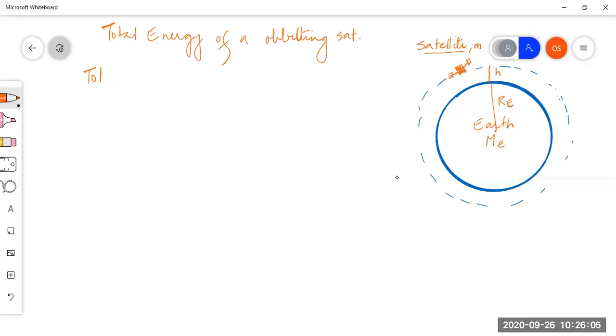total energy, I can always write as E, is a sum of its kinetic energy and its gravitational potential energy. Kinetic energy is given by half mv square, where v is the velocity of the satellite, and its gravitational potential energy is given by minus G M e multiplied by mass of satellite divided by Re plus h.